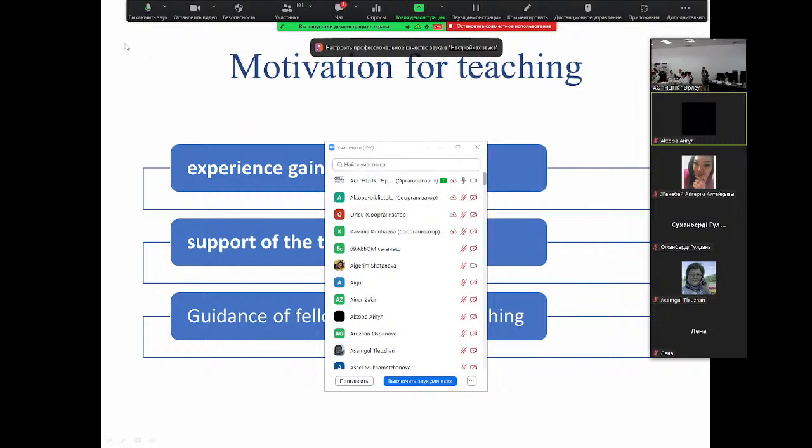Yeah. And when we were thinking about the speakers, about the plenary session, we wanted to make a connection between university, a novice teacher, a recent graduate from the university, and any challenges they face.